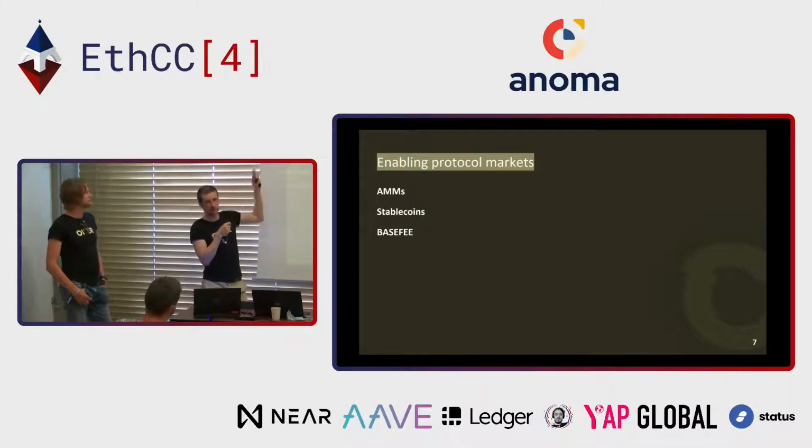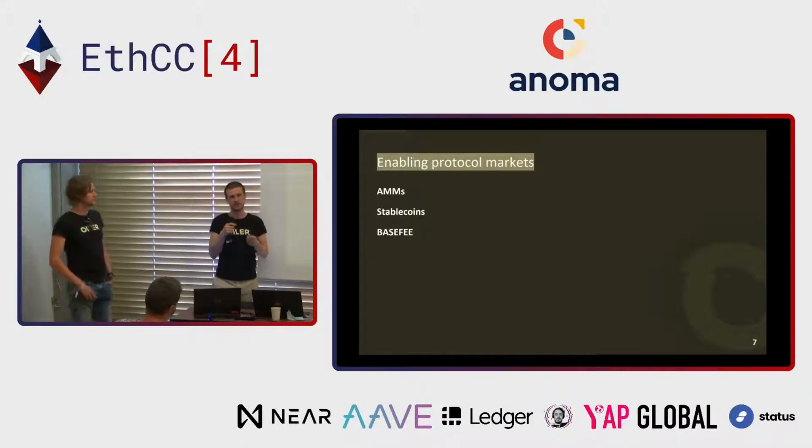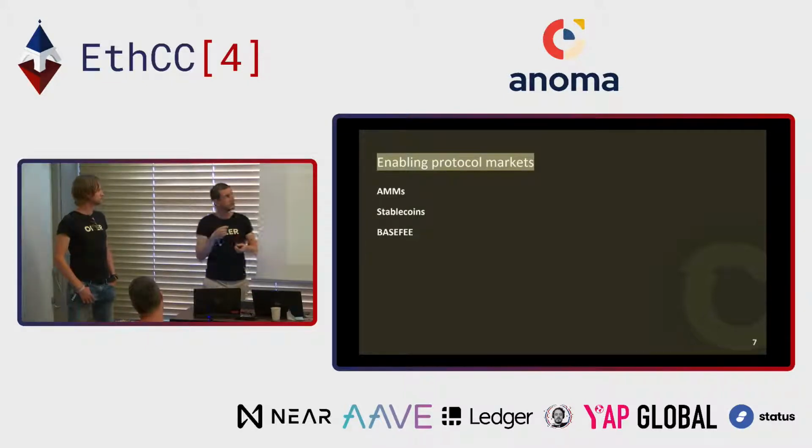It's a short path, but actually the last few years brought obvious big things: AMMs, stable coins, and nowadays just around the corner, starting on 4th of August on mainnet, the base fee, part of EIP 1559. We needed all of those building blocks to be able to bring pricing for derivatives that will allow us to trade and to read the most important parts of the system.